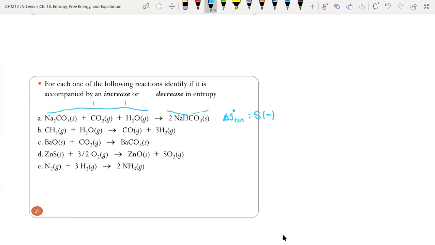We have one molecule, one particle here. So 2 particles reacting, and as a result of the reaction, it will produce how many particles? 4. That will increase the entropy. So you say the entropy of this is going to be positive. And so on and so forth.